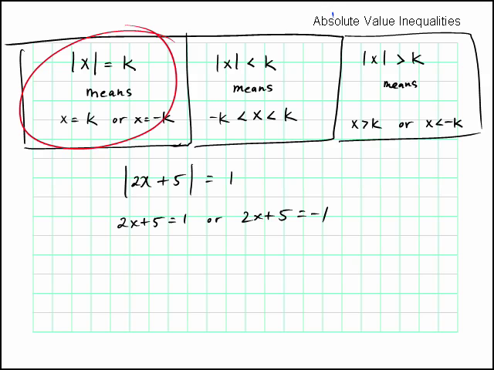I follow the pattern. Solving for x, this will give me x equals negative 2. And if I solve this one, x equals negative 3. Our two solutions to this absolute value equation are negative 2 and negative 3. Just like that.